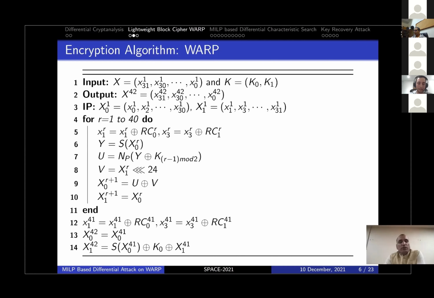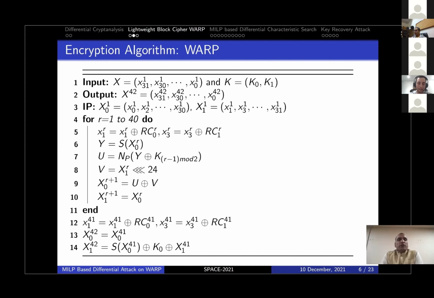Then after adding the round key to the output of the S-box layer, nibble permutation is applied. Then rotation by 24 bits is applied on X1. In the last round, nibble permutation and cyclic shift operations are not used.